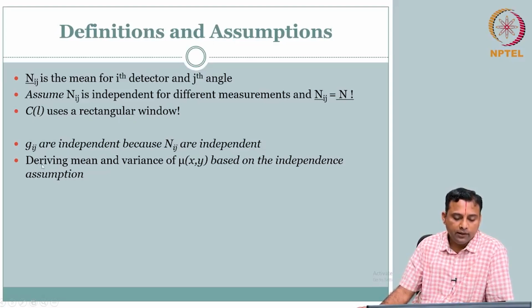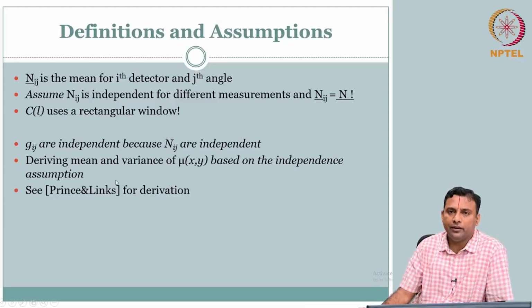Then the point is, we need to get the mean and variance of your image, that is what we want. So we can derive this. You start with the convolution back projection, that is your algorithm. You have the input random variable, you have this one implemented as rectangular. So if you substitute and work out based on the assumptions of independence, there are a few steps.